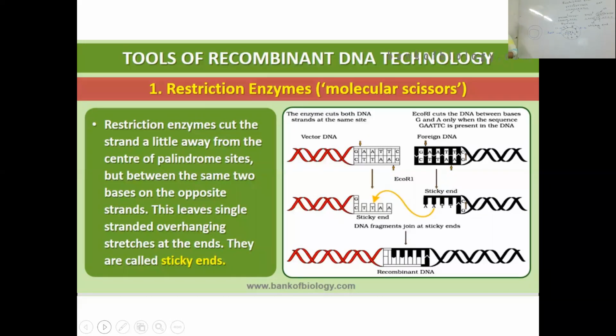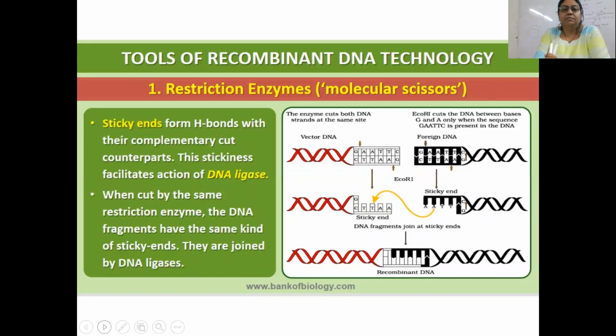So sticky end is always preferable because it is helpful for sticking. Because at the end some part is single stranded, so that is acting as a tape which will allow it to stick with something else. Okay, so who is going to join these pieces of DNA?